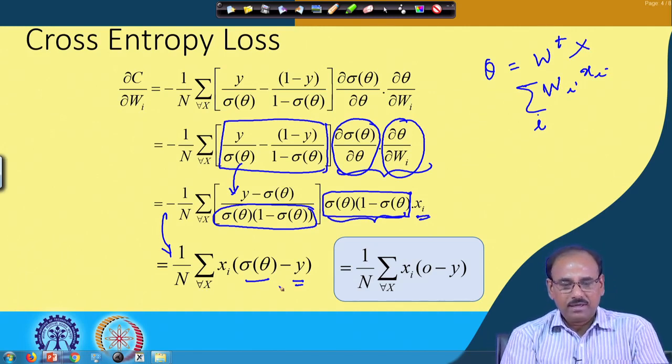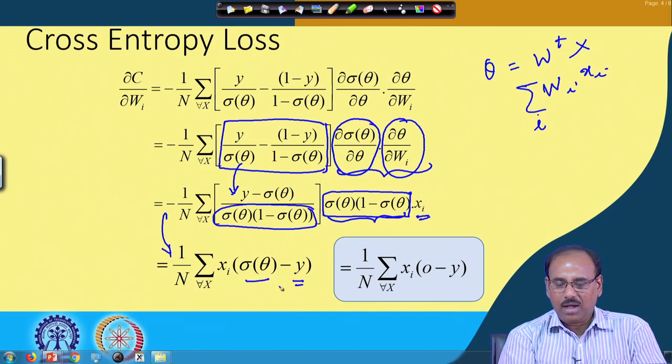So, my gradient del c del wi simply becomes 1 over n, then xi times o minus y, where o is nothing but sigma theta, take the summation over all input vector x. That is what is my del c del wi.